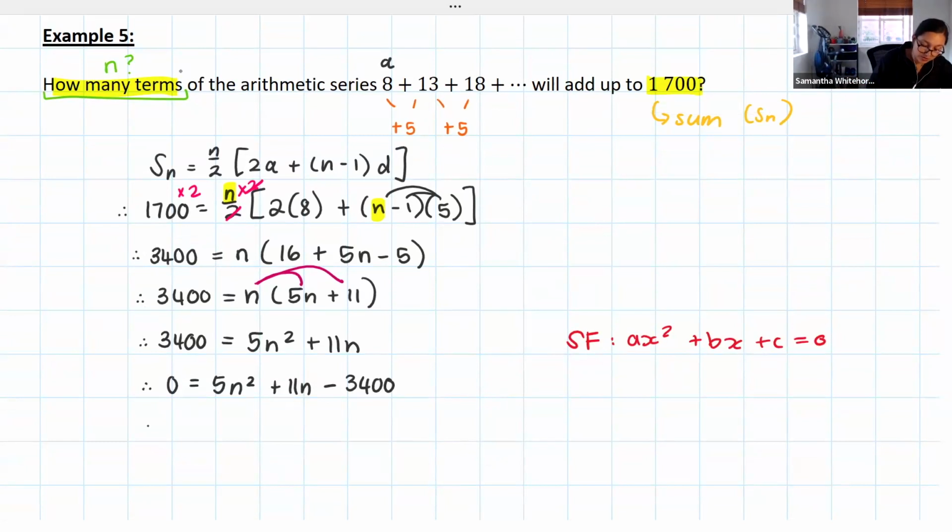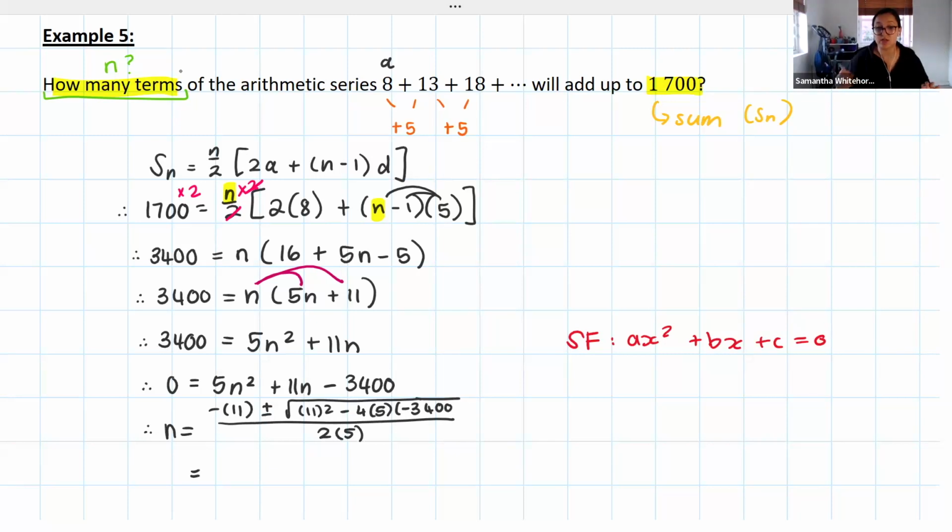All right, guys, so we're going to use the quadratic formula. So n is equal to minus b, so minus 11 plus or minus the square root of b squared, so 11 squared minus 4a, which is 5, times c, which is negative 3,400, all divided by 2a, so 2 times 5. And then we just chuck that into our calculator.